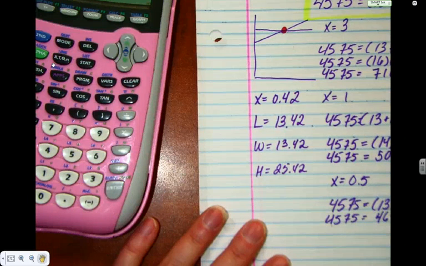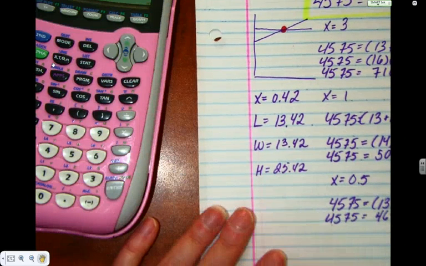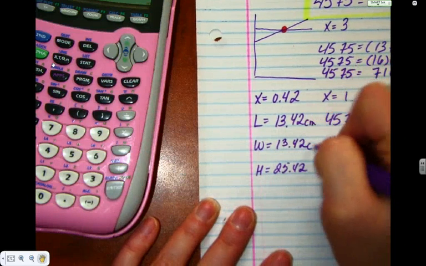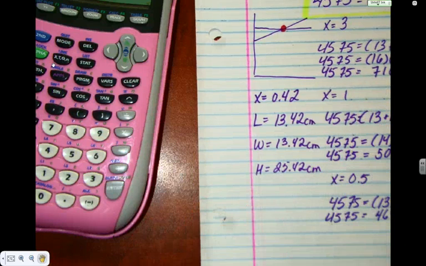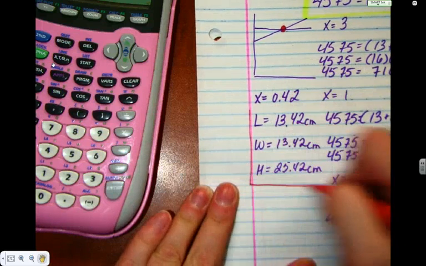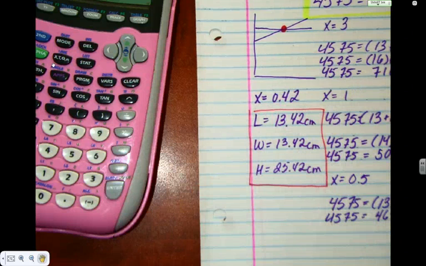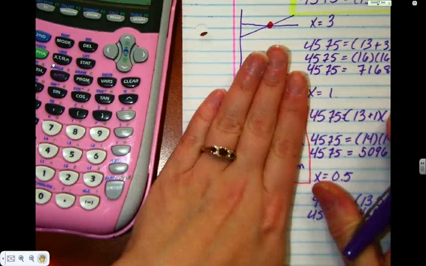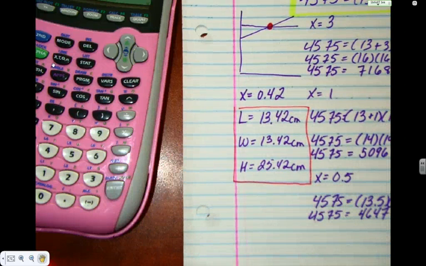Some units. Are we done? Have we answered the question? Okay, so you can do it algebraically, you can do it graphically. Typically with numbers like this, it's probably going to be a graphic question.